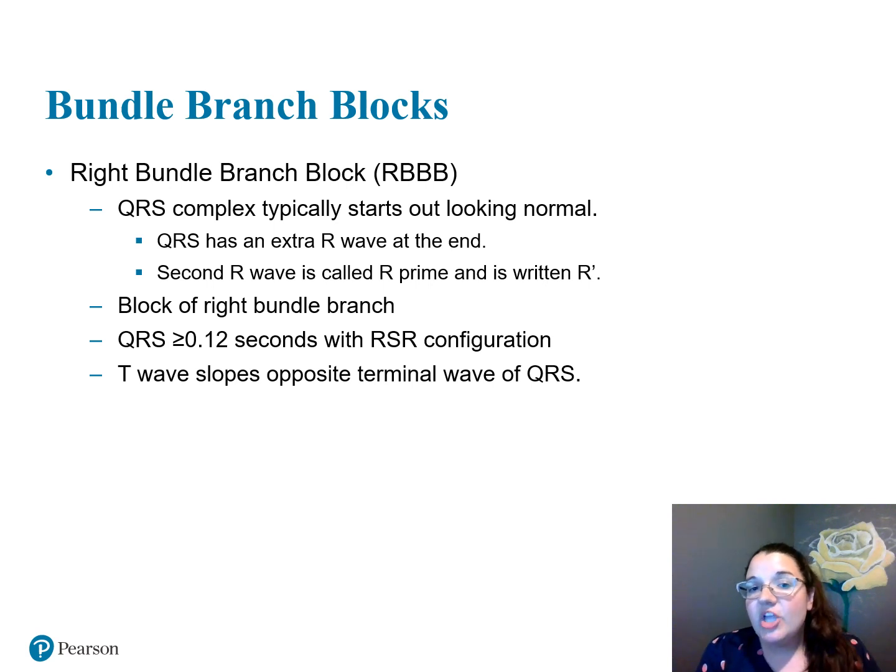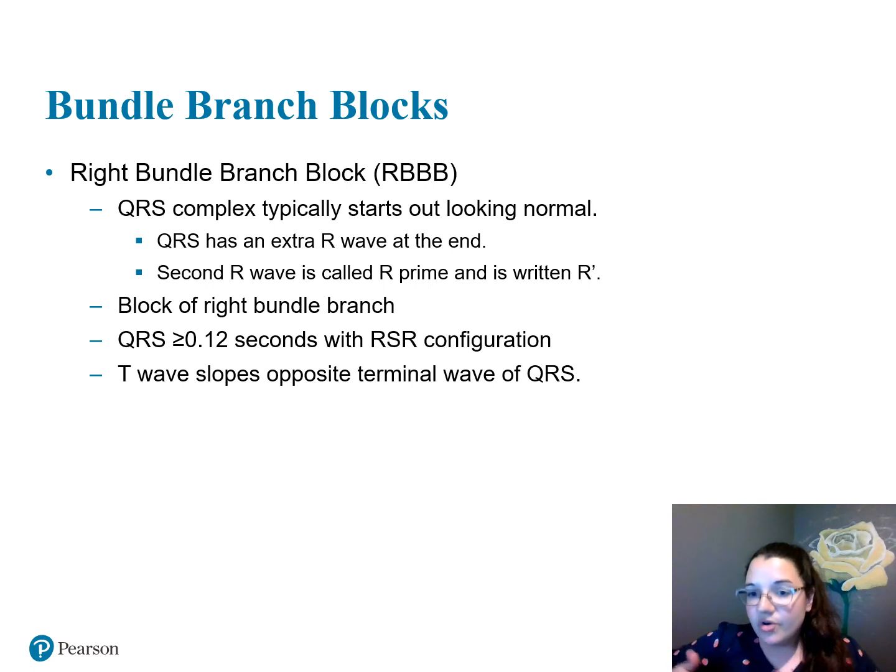If we notice that we have an R prime, we can assume that it could be a right bundle branch block. With the block of the right bundle branch, the QRS is going to be bigger than 0.12 seconds, right? QRS wide with an RSR configuration.